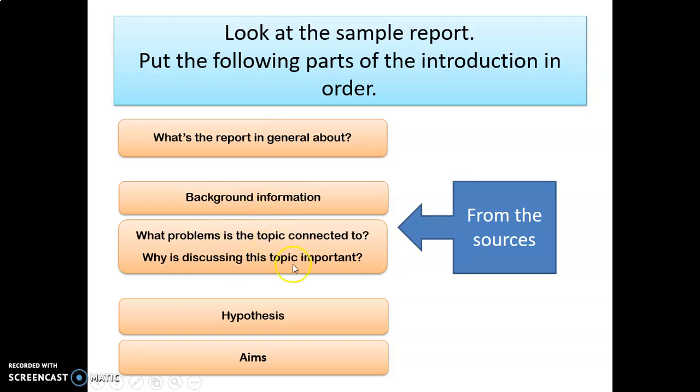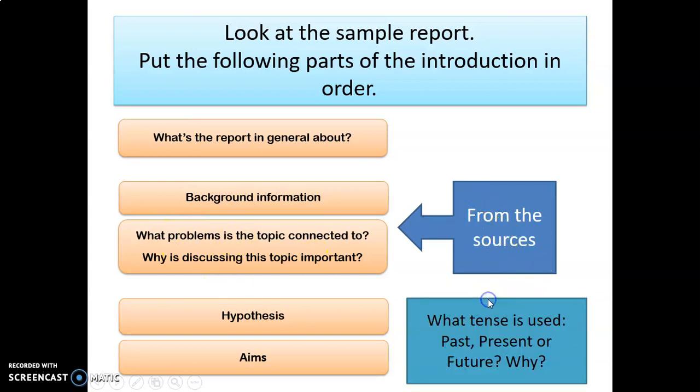Then probably you can write something, right? And even though you would refer the reader to your previous works, however, it's most likely not your area of knowledge. So the background information and the problems and importance of the topic is taken from the sources.